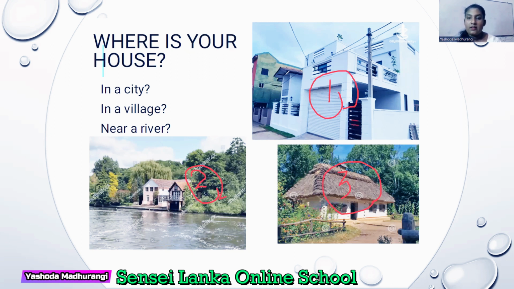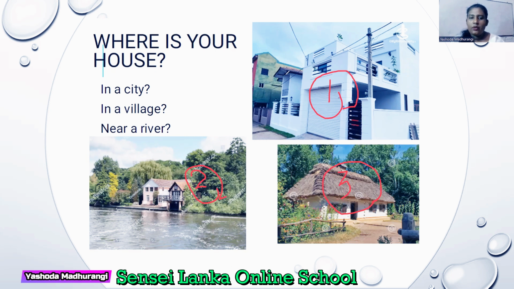They are compact, packed with each other. No space, no big gardens. We can't see trees, no compound, and electricity lines and everything is there near the house. It is located in a city.